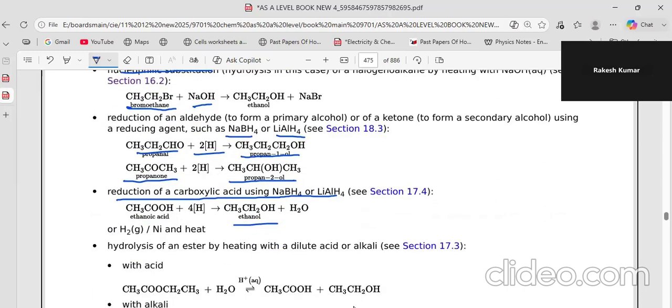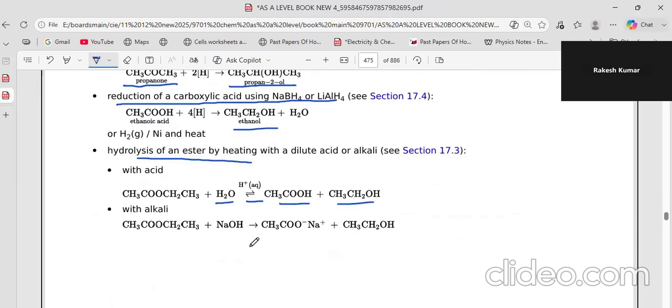And hydrolysis also, of an ester, it's a reversible process. So it gives you this with water and with alkali both. This is hydrolysis by acid hydrolysis and alkali hydrolysis.